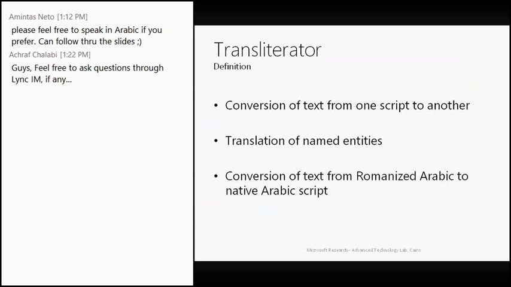It also solves a common problem in Arabic and some other languages: many pieces of text on websites and even on TV are Arabic words written in Romanized letters, and using transliteration we can convert these letters back to the native Arabic script.